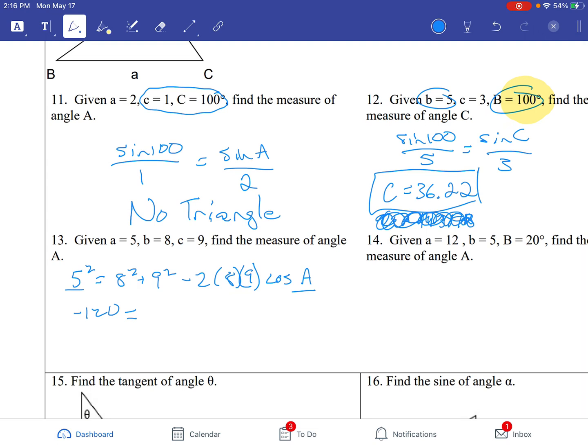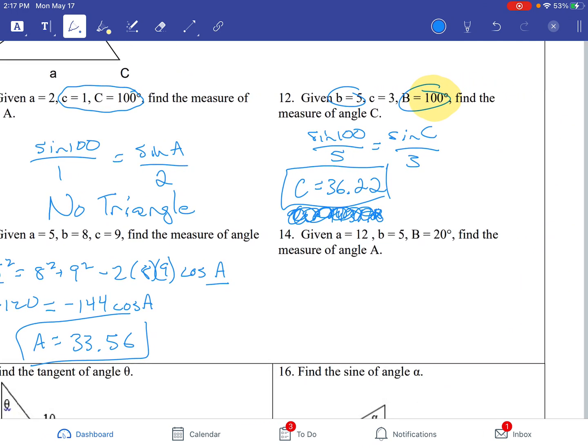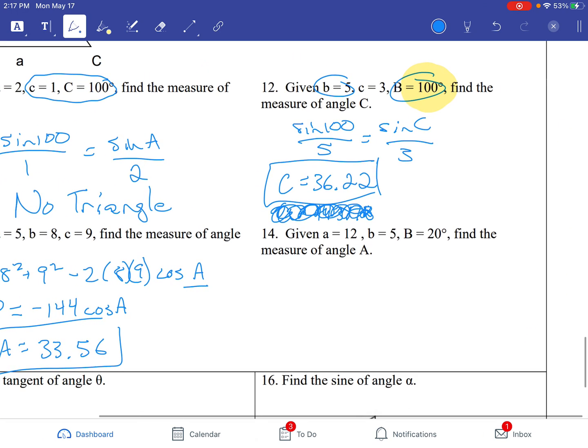And then we have negative 2 times 8 times 9 gives you negative 144 times the cosine of A. We're going to divide negative 120 by negative 144 and then take the inverse cosine of that answer. And we're going to get A is equal to 33.56.